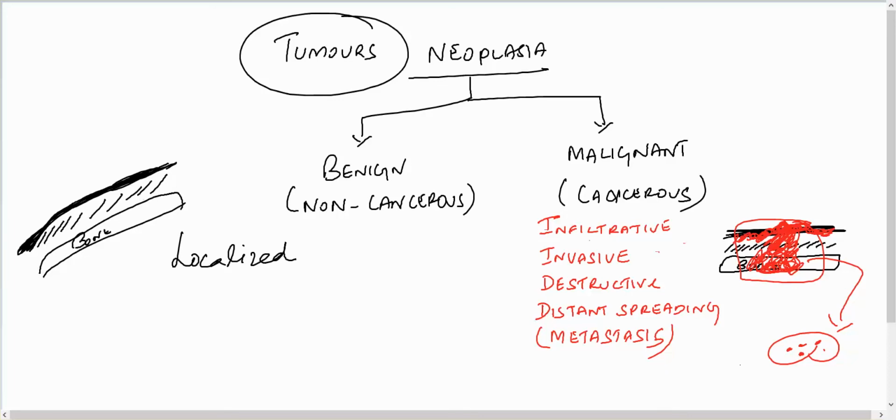If you see a benign tumor, it will be localized. You can see a localized tumor. It is not infiltrative. I think you can understand now. It remains in one area. It is focal. It is completely localized.